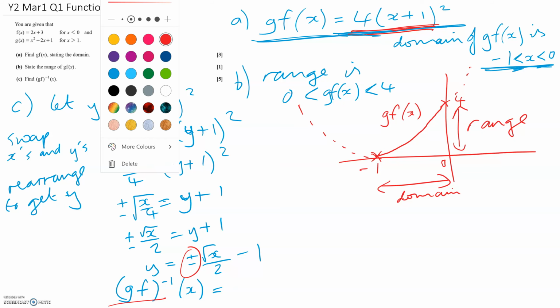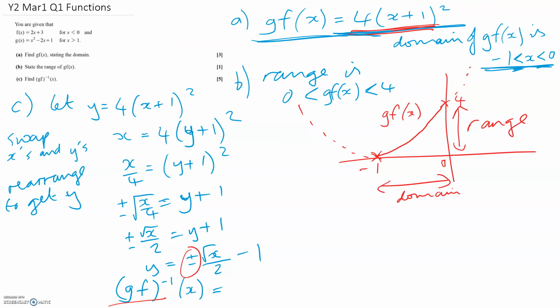Now let's do that in a different color. So the range of the inverse function (g f) to the minus 1 of x is going to be the same as the domain in part A, the domain of the original function, which was up here.